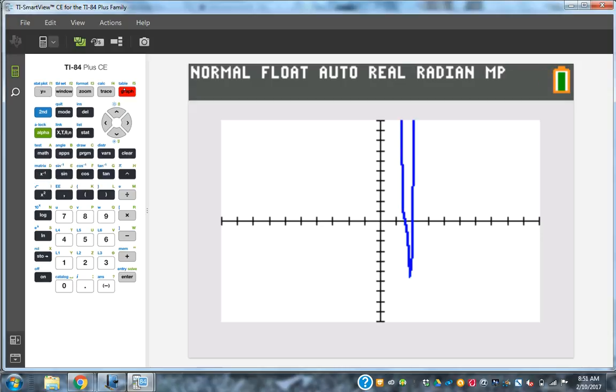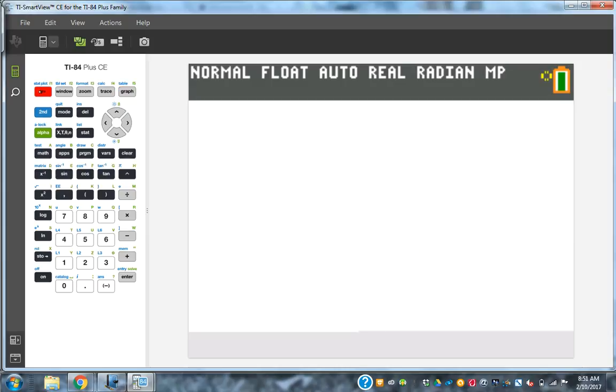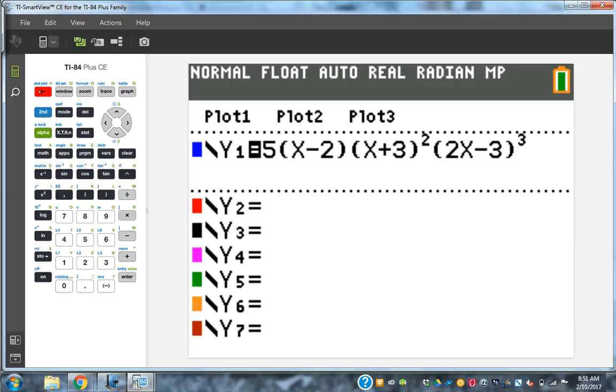We see some weird stuff happening there. That's weird, isn't it? Zoom 6 should be able to show it, but you can't see all of it in 6.